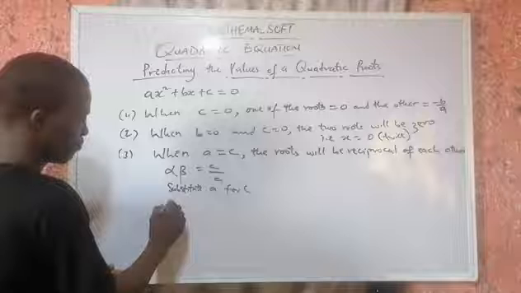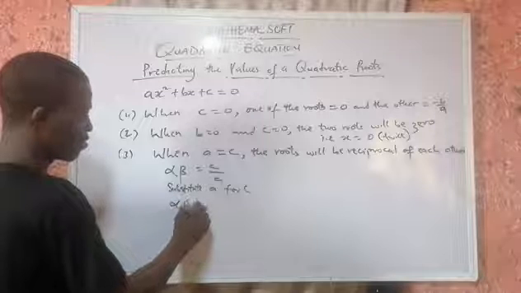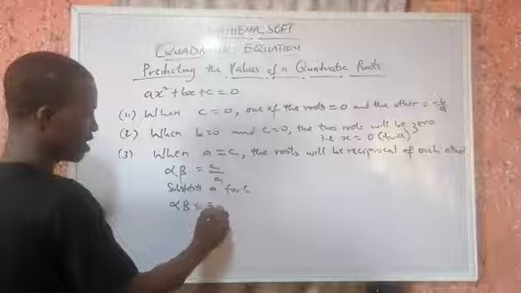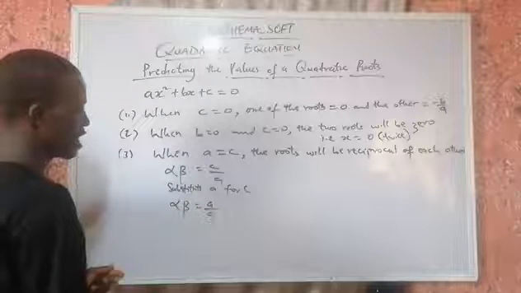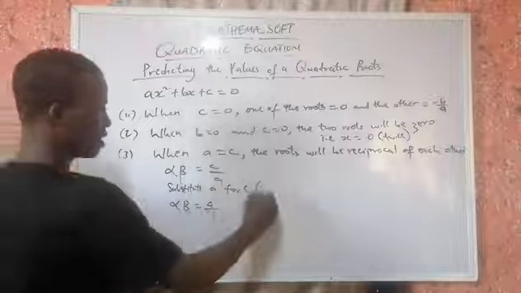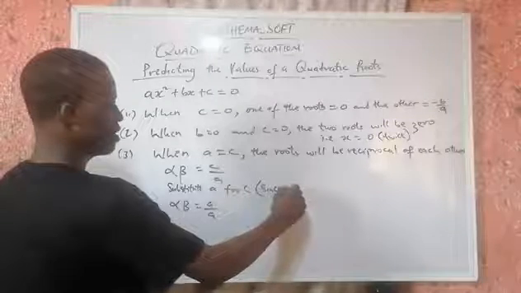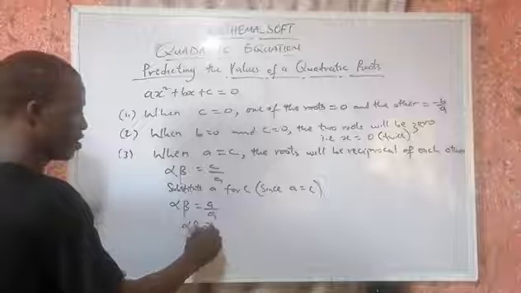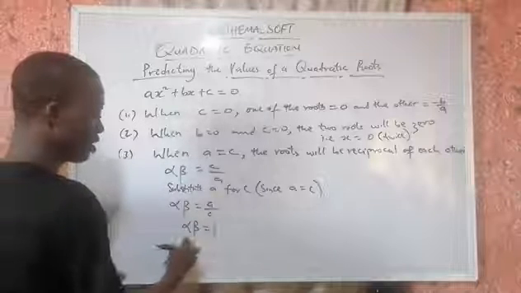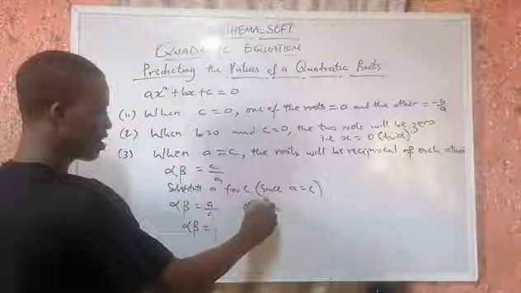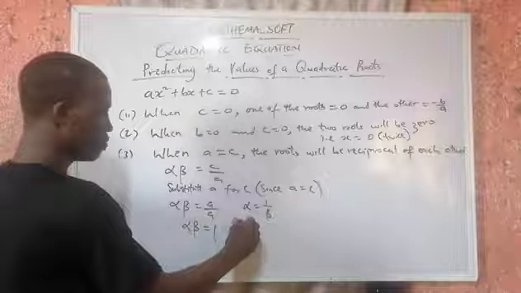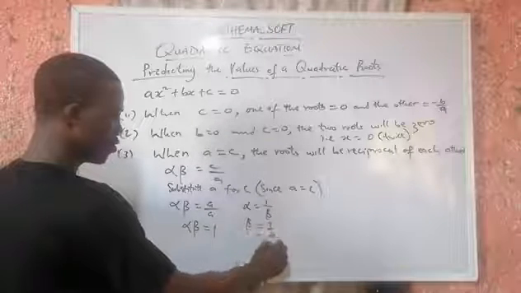That will be alpha beta equals, I'm substituting a for c. So instead of writing c, I will write a, then over a, since both of them are the same. That's since a equals c. So alpha beta will now be equal to 1. So in this case, your alpha is actually 1 over beta. And in this case also, your beta is also 1 over alpha.